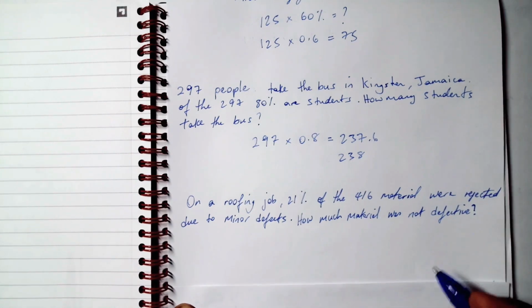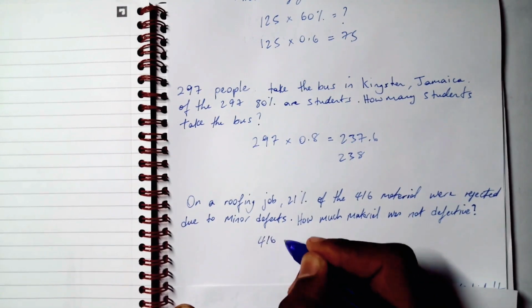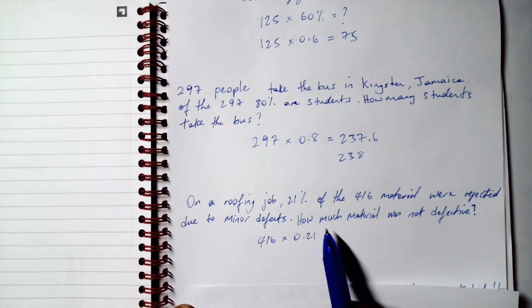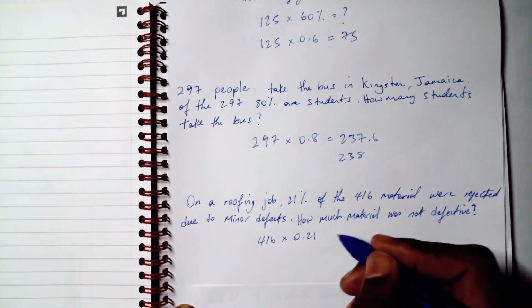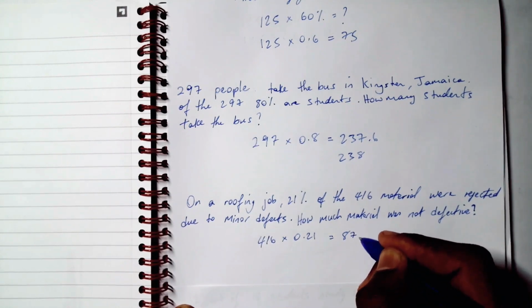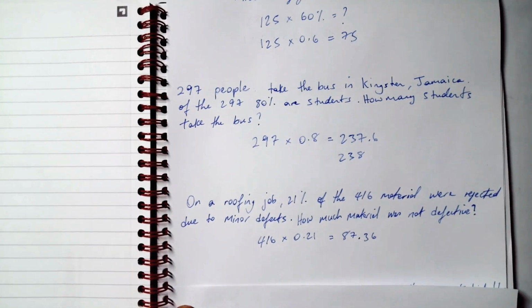Makes most sense, alright? So we're gonna find 21% of 416, which is 87.36.